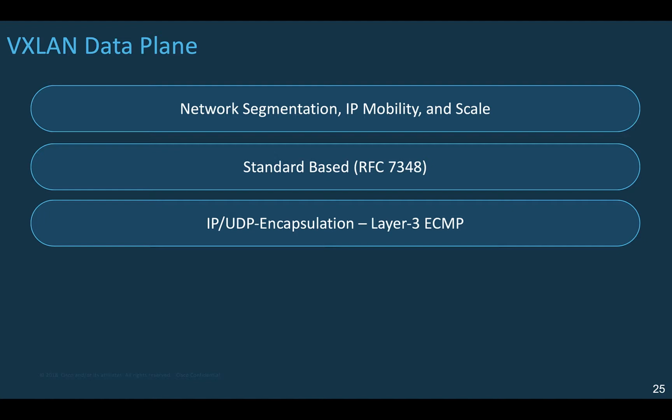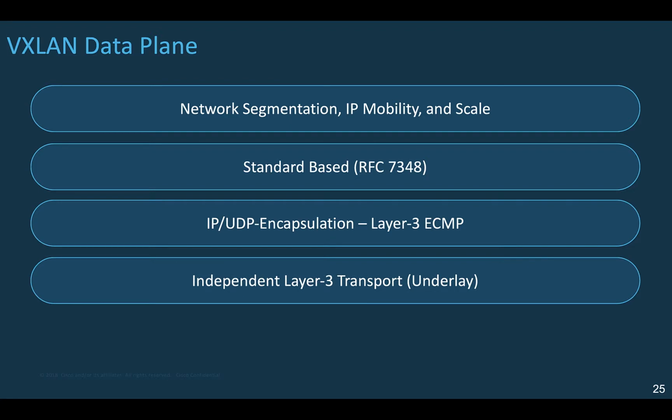VXLAN uses IP-UDP encapsulation that leverages a layer 3 transport offering equal cost multipathing, ECMP, if you will. As a result, all links are forwarding with a fast recovery mechanism in case of failure. And there is no need for trunking, nor any spanning tree protocols to manage the forwarding state of the links.